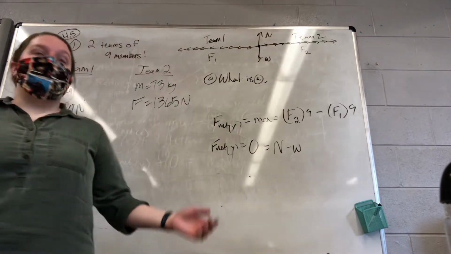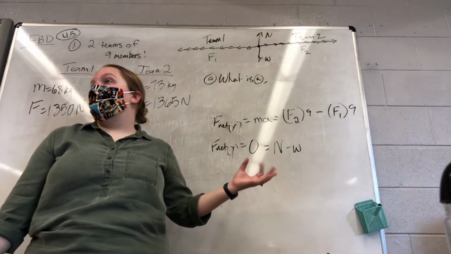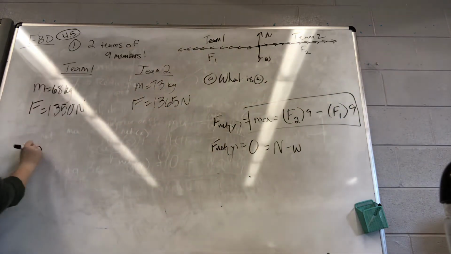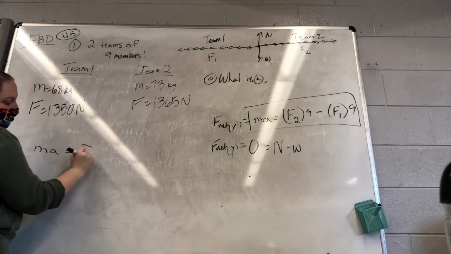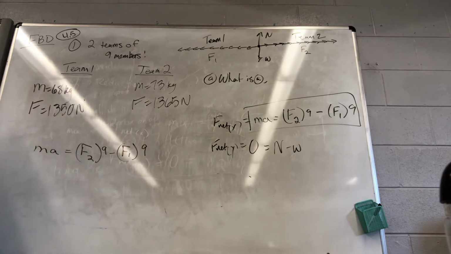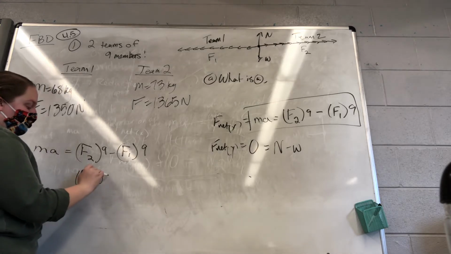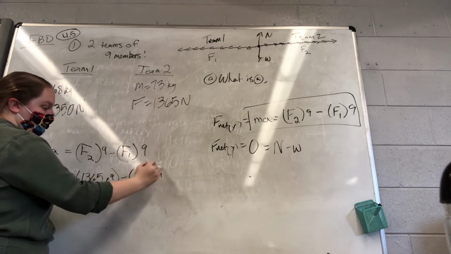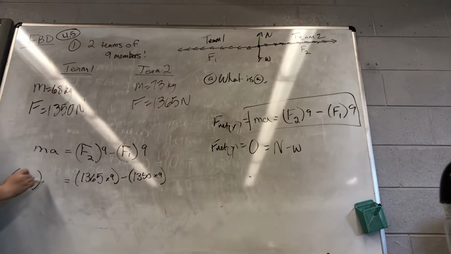Which of these 2 equations is going to help us get an acceleration? The first one. Should be able to solve from there, I hope. What's the mass in this?